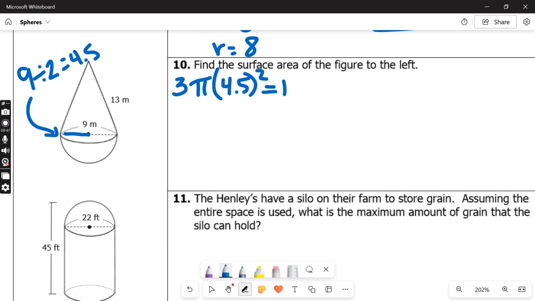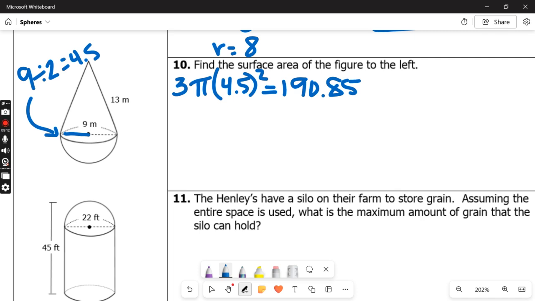That's going to be 190.85. Okay, then I'm going to find the surface area of that cone. So our formula for surface area of a cone is pi r squared plus pi r h, or pi r l.